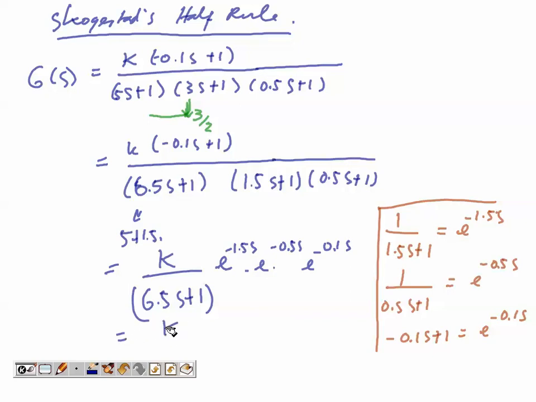The final FOPDT transfer function using Skogestad will have e to the power minus 2.1s. So it is slightly different from the Taylor series approximation.